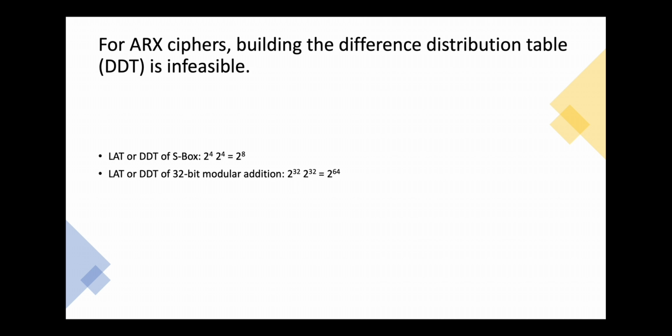This is more or less like you are standing on a road and you have 2 to the power 32 paths, and you have no idea which path you should take to reach your destination. Finding a good differential path with relatively higher probability is a kind of problem where we face a huge state space and there is no clear and obvious way how we should make the next step.